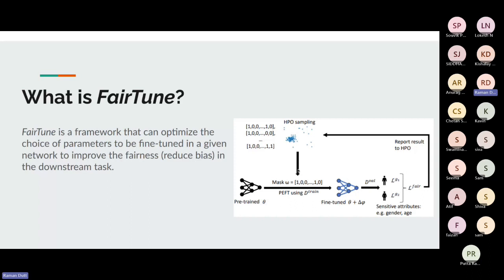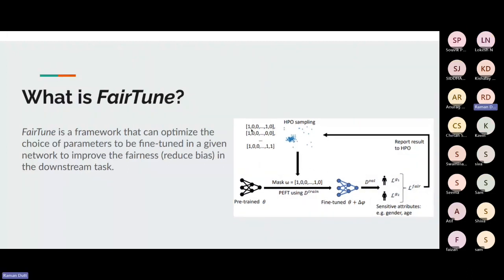And I would like to explain the framework using this figure. We start at the top where I've written HPO sampling. Basically, you have a randomly generated binary mask, and initially it would be random. According to this mask, you freeze or fine tune different parts of the model, and then you fine tune your model on your downstream data set for 30 epochs, for example.